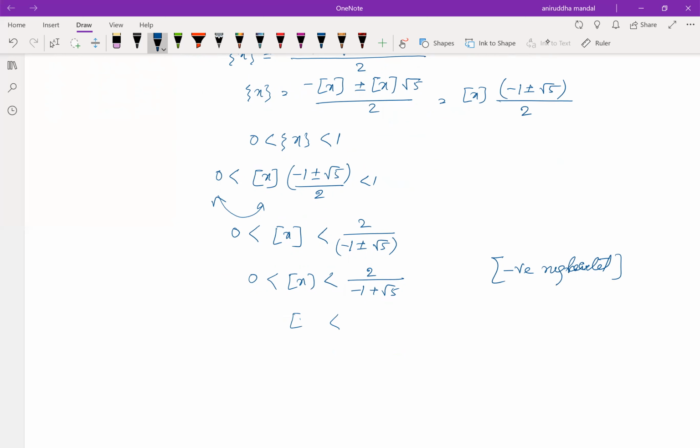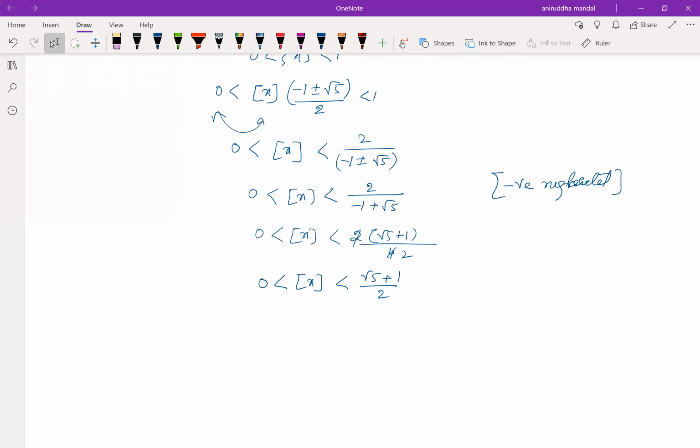If we simplify further, it comes around 4, so 2 times 2 is 4. So ultimately our answer has come as (root 5 plus 1) by 2.